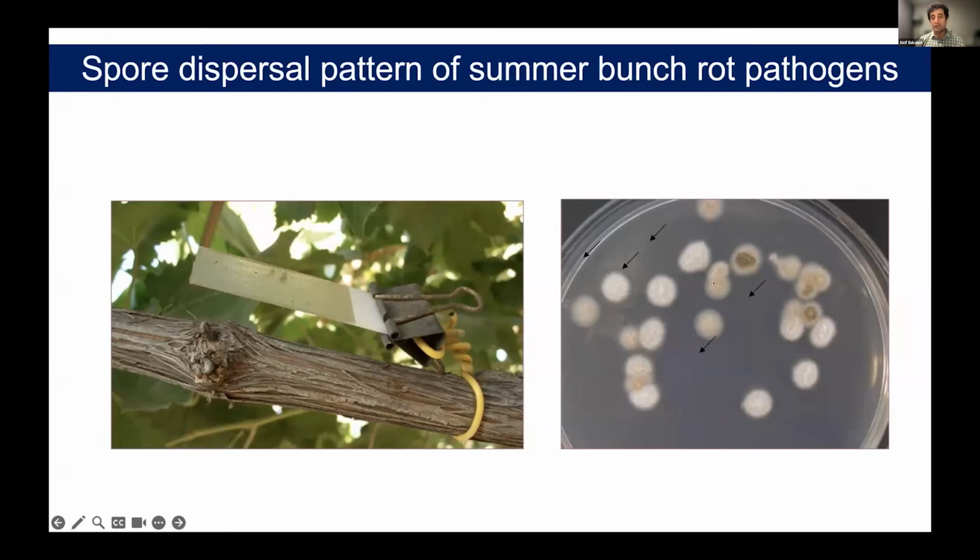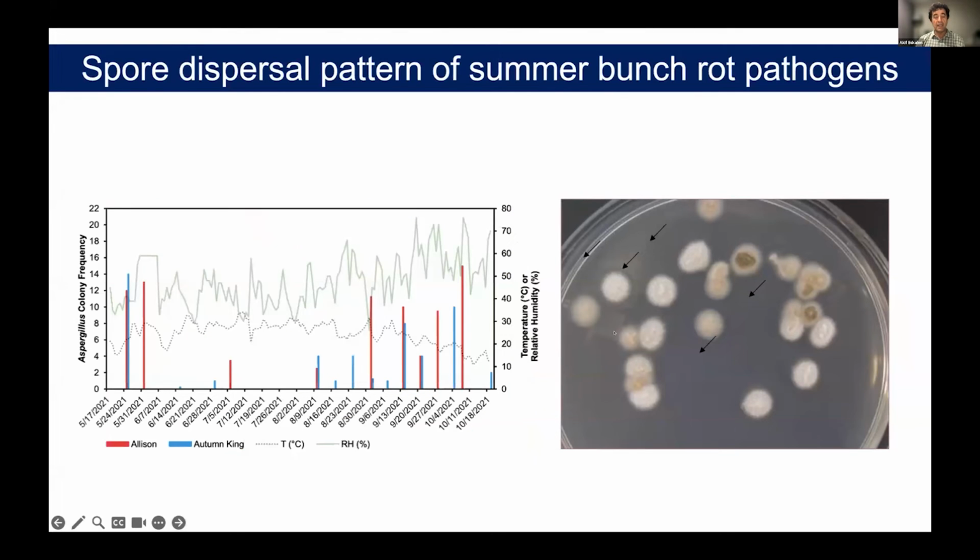Then whatever grows, we count. In this trial that we have been running for the last 2 years, we identified a lot of Aspergillus and also Botrytis colonies floating during the growing season, especially when the season comes close to harvest time.